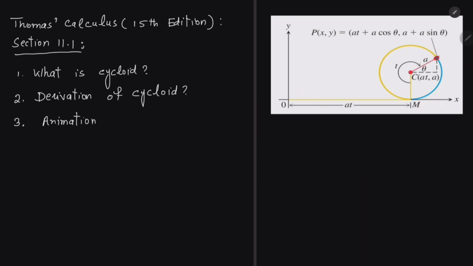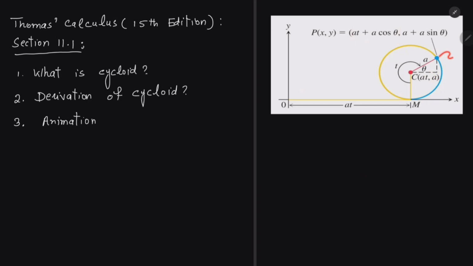To reach over here, you need some distance from the origin to here, and then from here to here, like this. Okay, so this is at. This one is a cos theta. So that will be equal to at plus a cos theta, and you can see that the x component is at plus a cos theta.